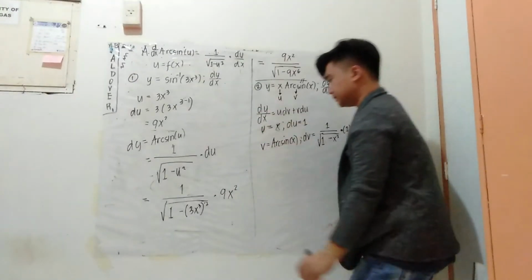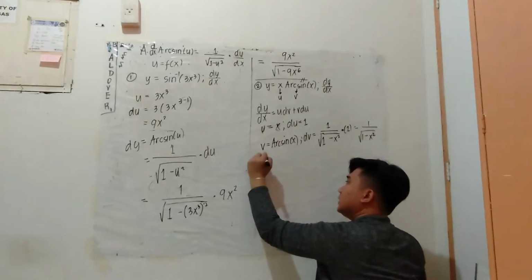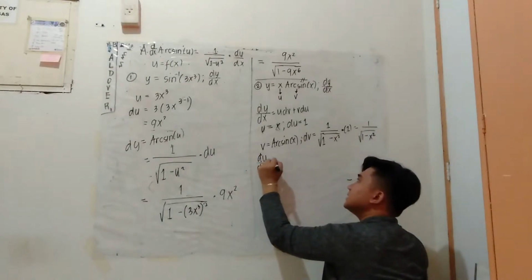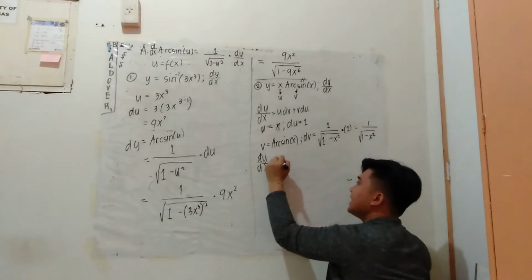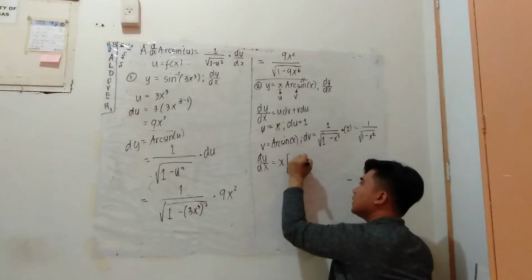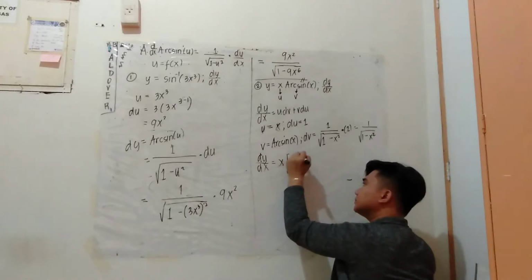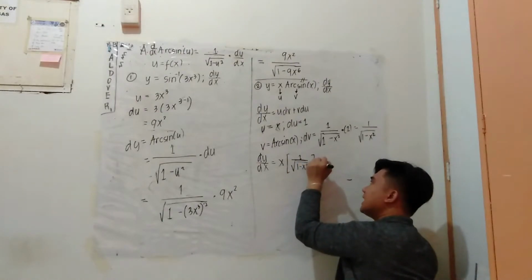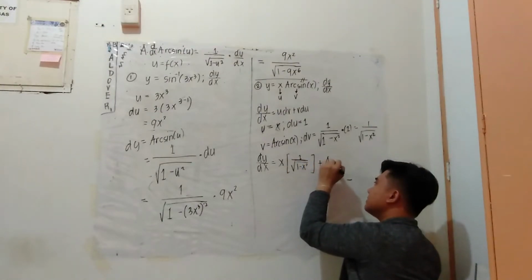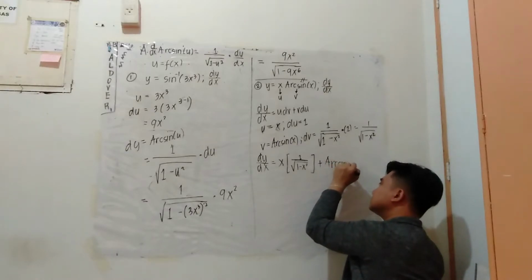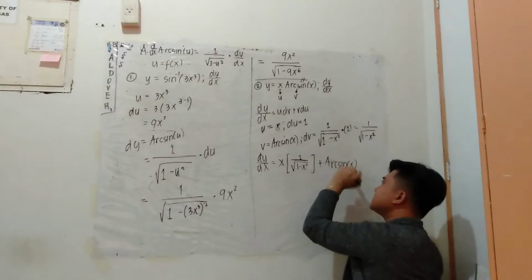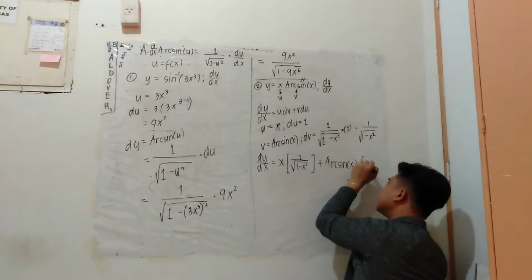Set up ko na dito. dy over dx is equals to u, which is x, dv, which is 1 over square root of 1 minus x squared, plus v, which is arcsine of x, times du, which is 1.